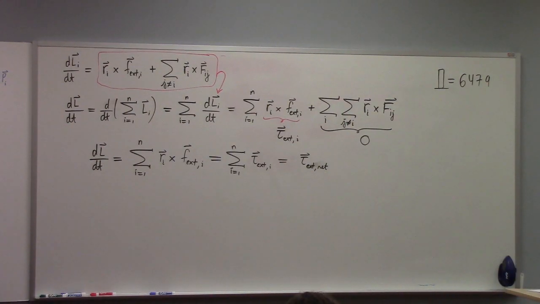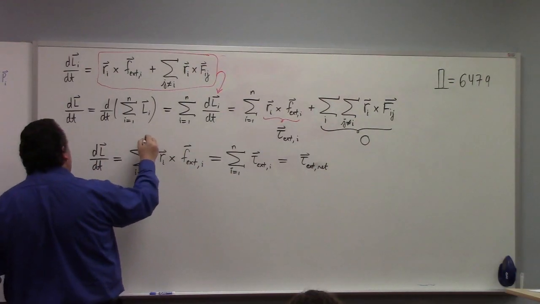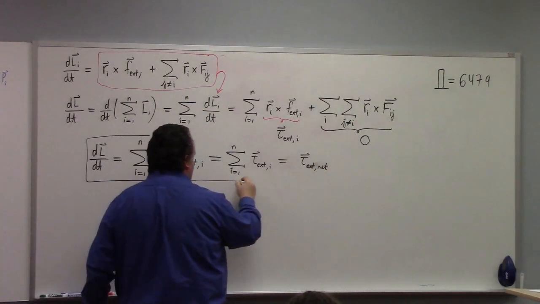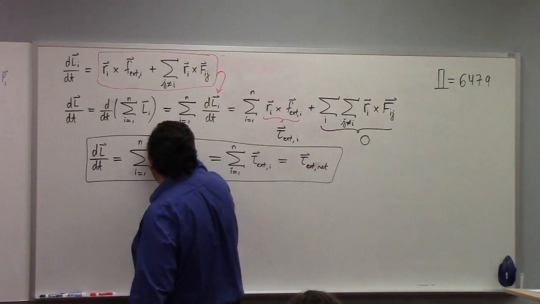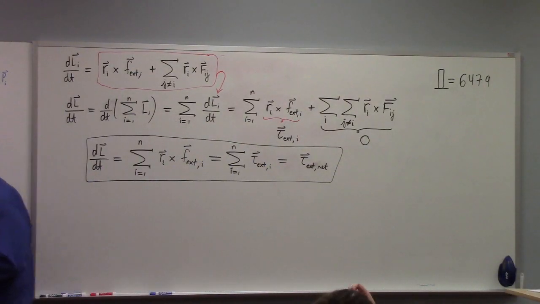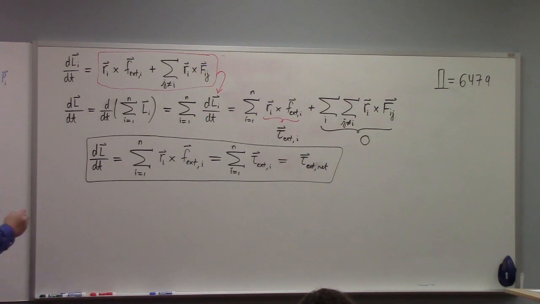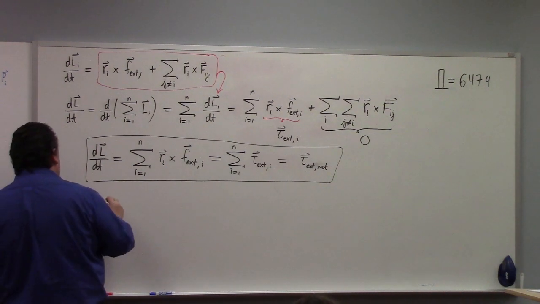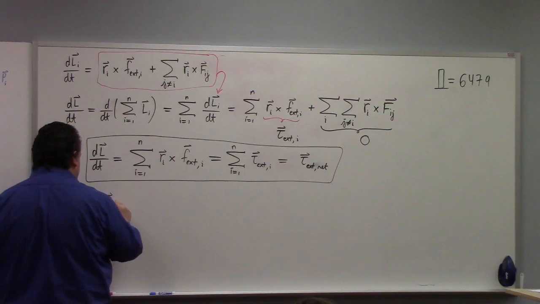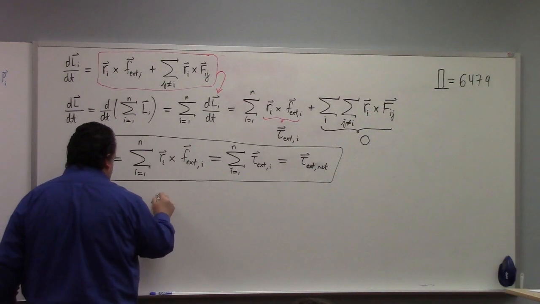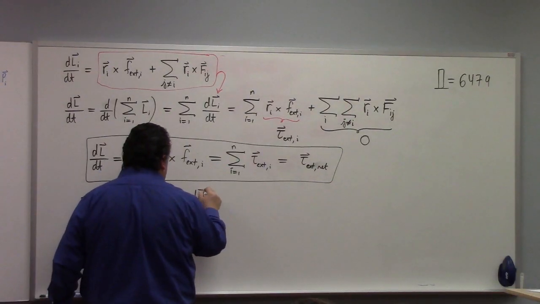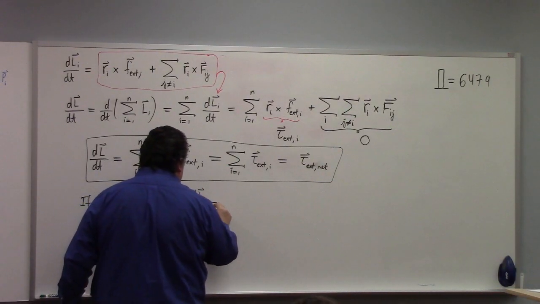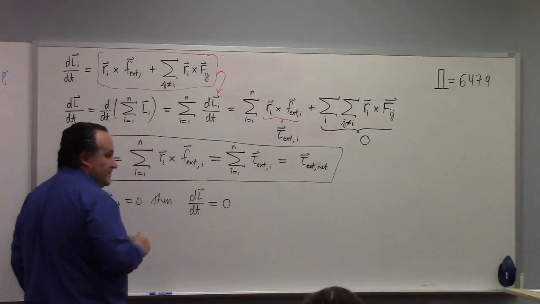And this right here, my friends, is not exactly conservation of angular momentum, but it's almost that. Conservation of angular momentum is a corollary to this equation I just boxed. What is it? If the net torque is 0, then dL dt equals what? 0.